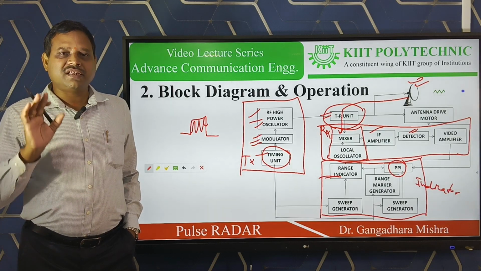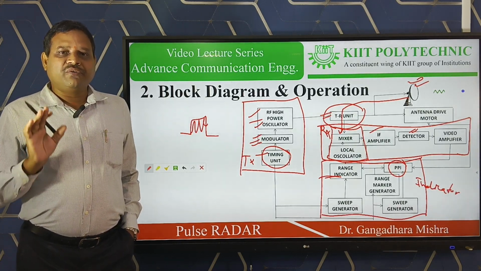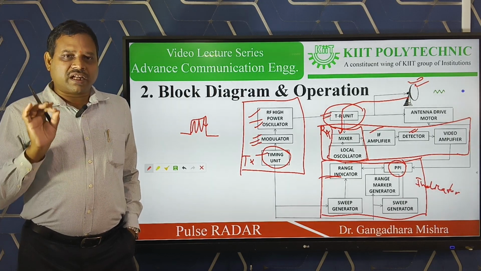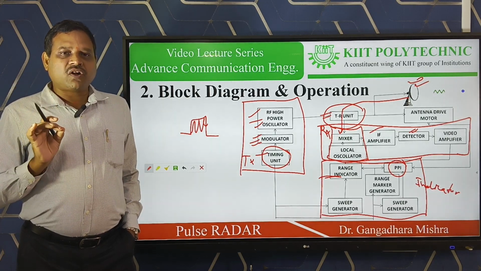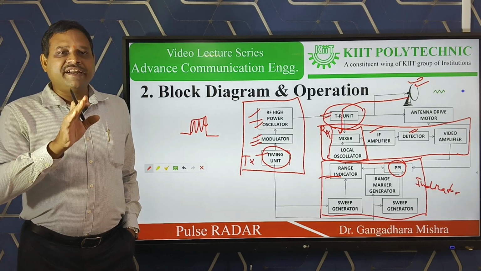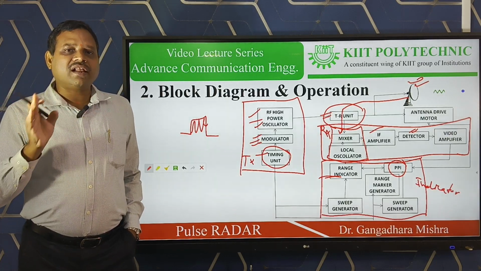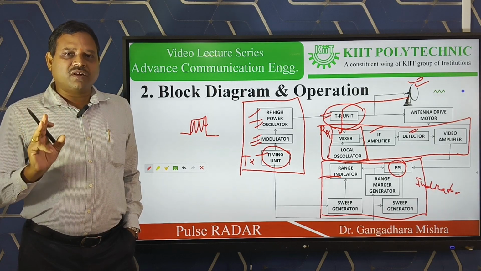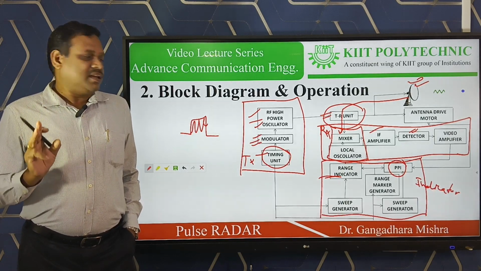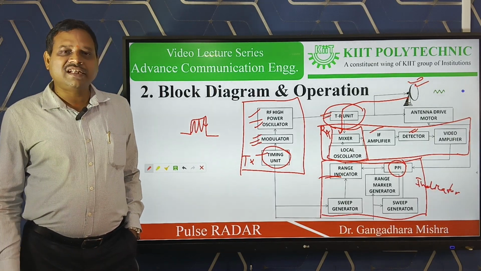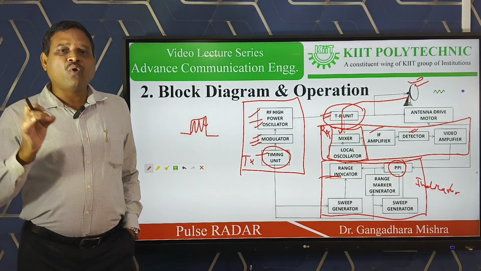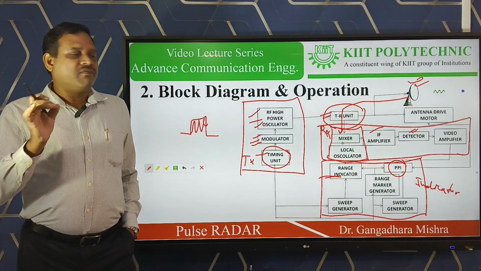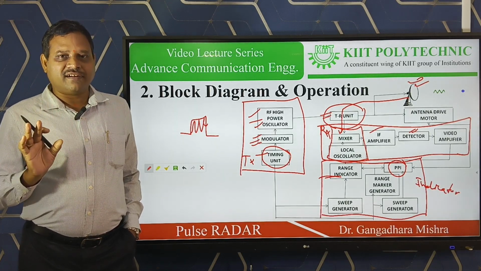Basically, PPI is a circular indicator which gives you a pictorial view of your target position in respect of its distance and its horizontal angular coordinates. So these two parameters we observe on the PPI, and the range indicator gives a more accurate range, that is, the distance of the target from the radar antenna.